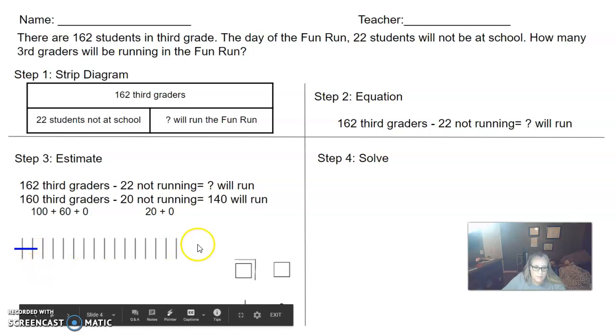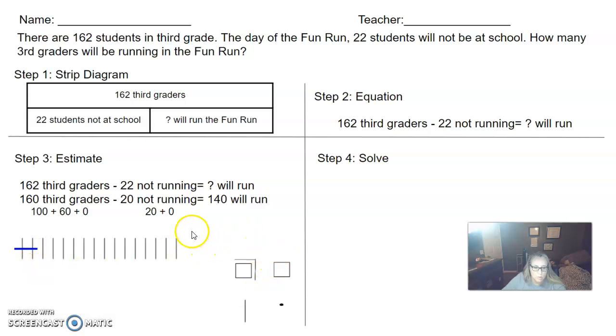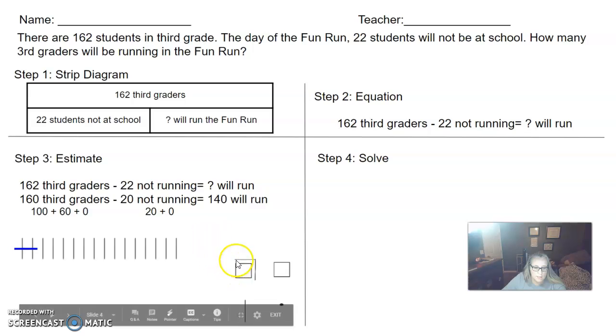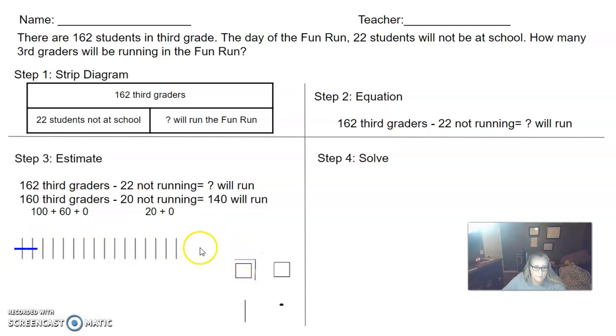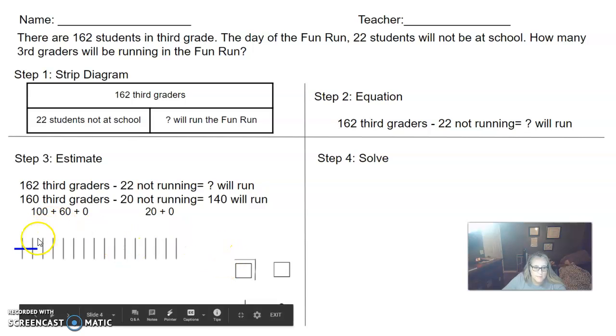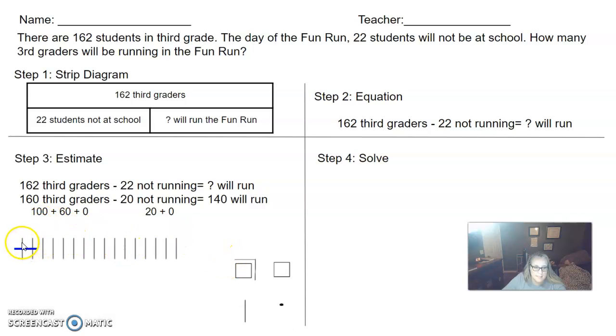Now remember, when we draw our base 10 blocks, we actually just draw it with this key right here. If I'm doing my 10s, I just draw a line. If I'm doing my 1s, I do a dot. So that's what I did. I have 10, 20, 30, 40, 50, 60, 70, 80, 90, 100, 110, 120, 130, 140, 150, 160.